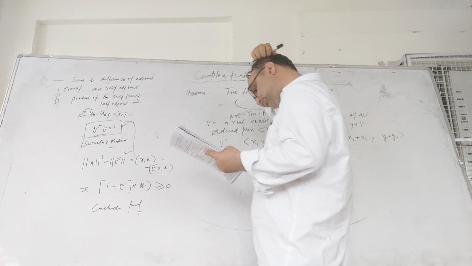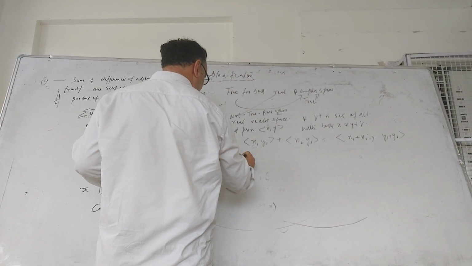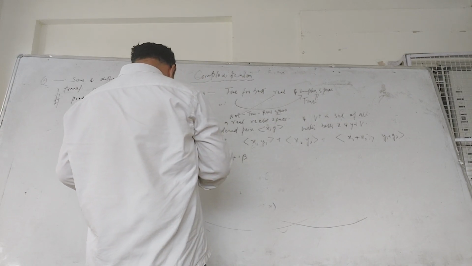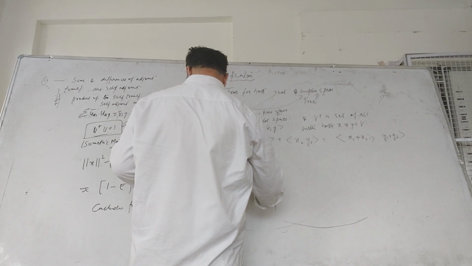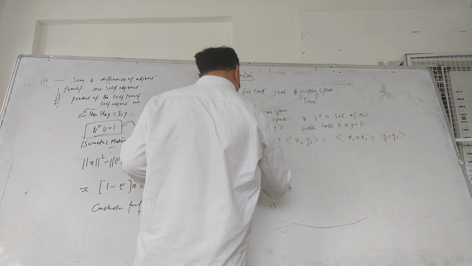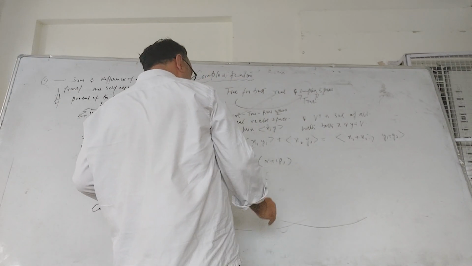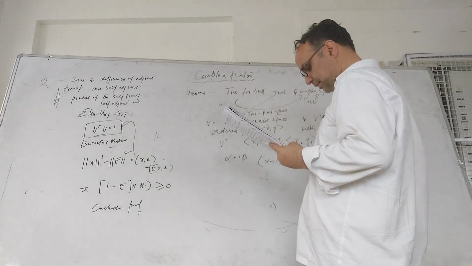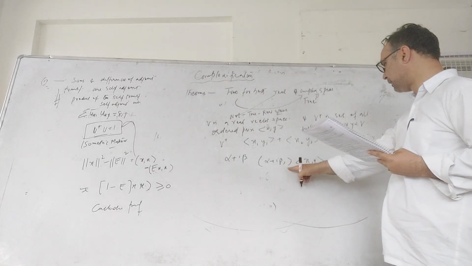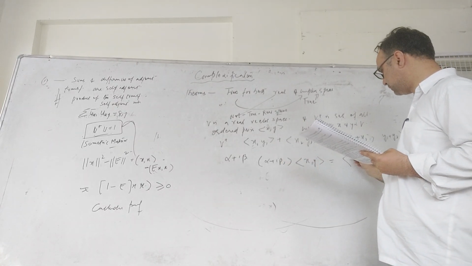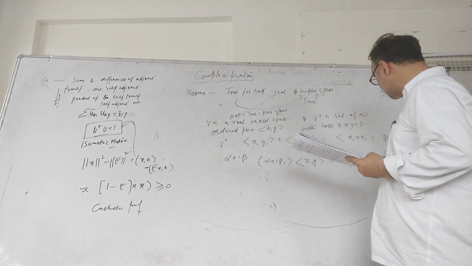But the point is, if we define the product of elements of V plus by a complex number, so we will introduce alpha plus iota beta. Then alpha plus iota beta times (x, y) will be equal to alpha x minus beta y, beta x plus alpha y.